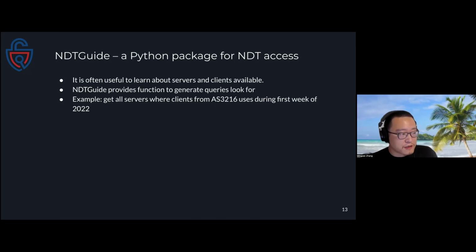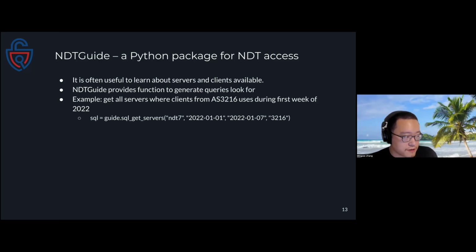For example, a question you can ask is to get all the servers where the clients located in this particular AS used during the first week of 2022. So you know what the servers are that are being used for all the queries from a network like this.